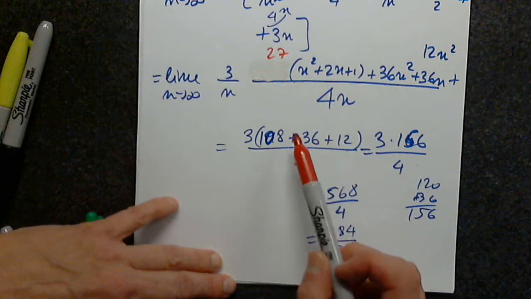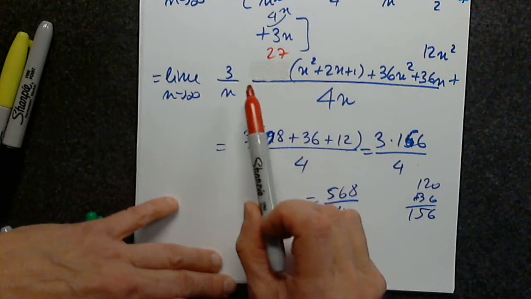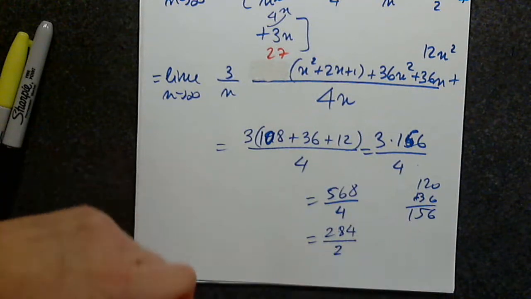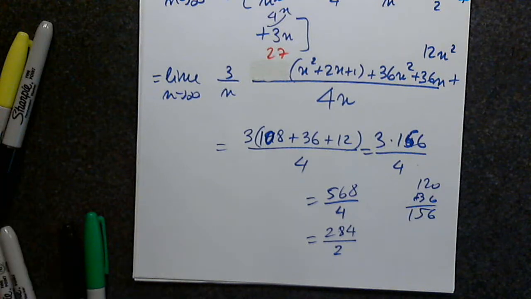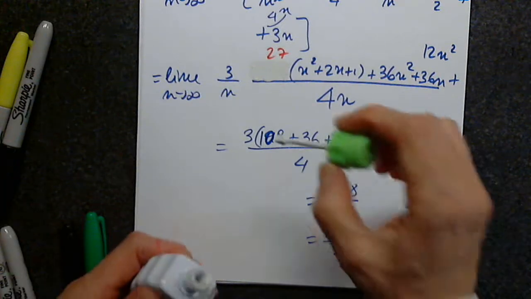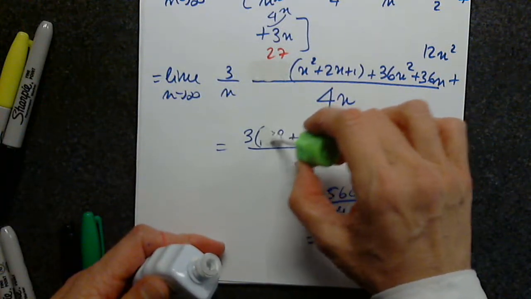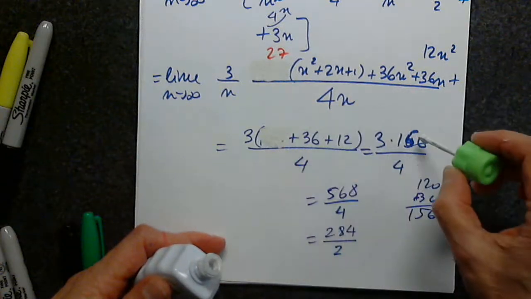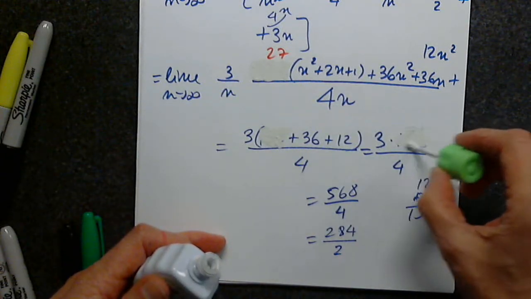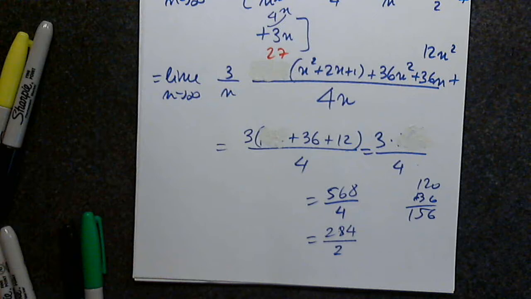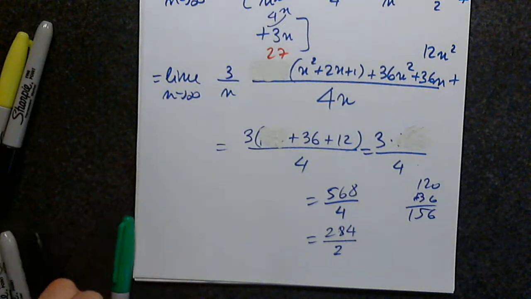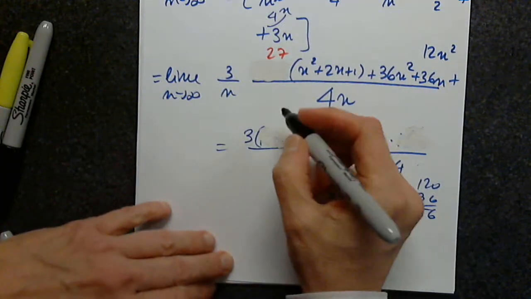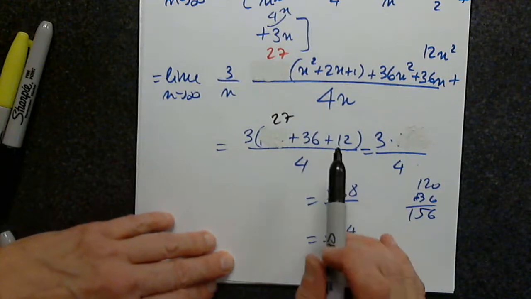It was from something else. So then I have 3 multiplied by, and this is 27. That's why. Sorry. Rows were too close. Okay, so this is 27.